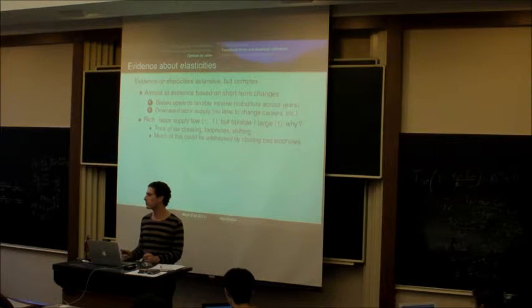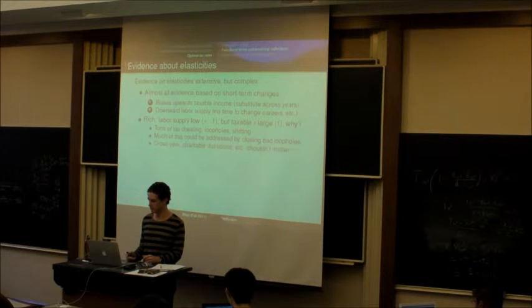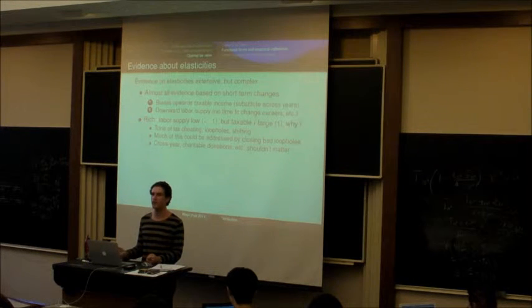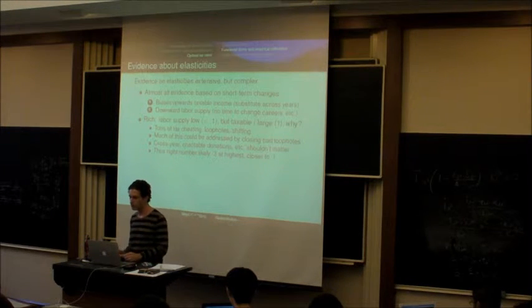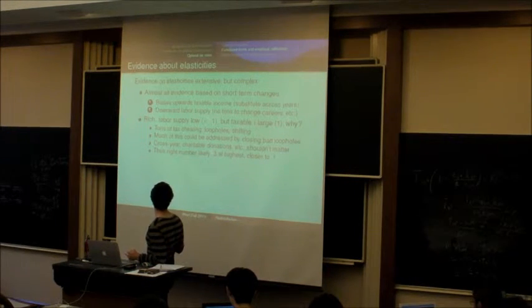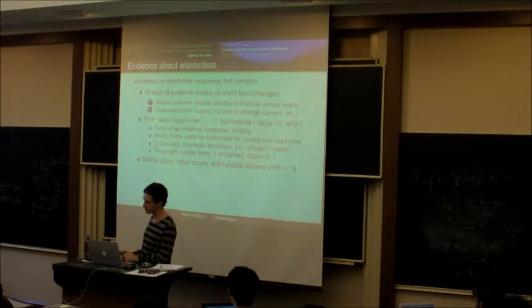So most people think this shouldn't be counted as part of the elasticity because it could be fixed just by better enforcement. And to the extent that it's coming from stuff like giving to charities, well, that's actually good, and we shouldn't count that as a negative elasticity. So probably the right number is at highest about 0.3 and likely around 0.1 for the labor supply elasticity for the rich.